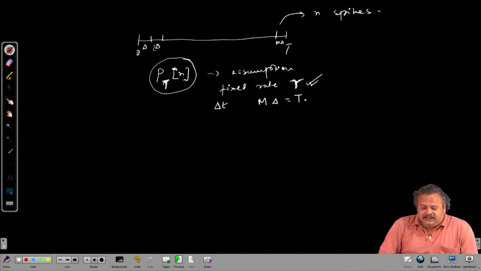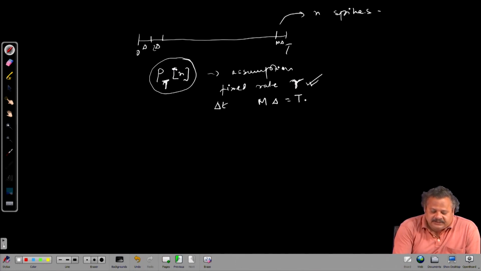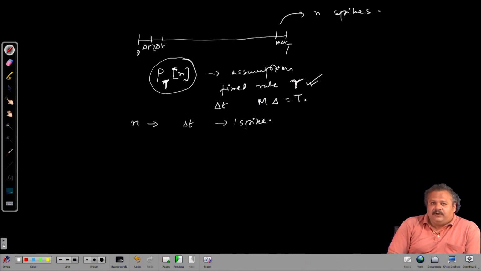So essentially these are independent events occurring over time. We have n spikes that need to occur in this capital T window, and we assume that our delta T is so small that there is at most only one spike possible in that time window.